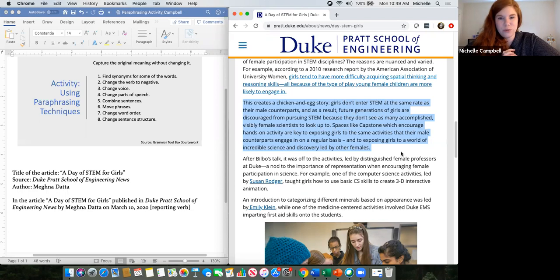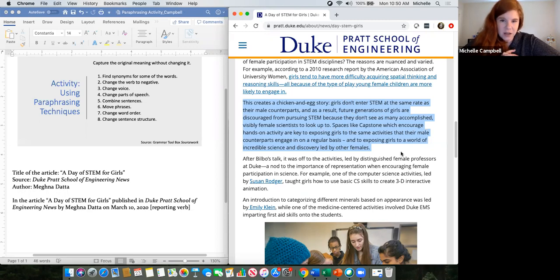And lots of Duke professors were there to help out and get these young people interested. So this paragraph is about halfway through the article, and it explains why this type of organization and event is so important.